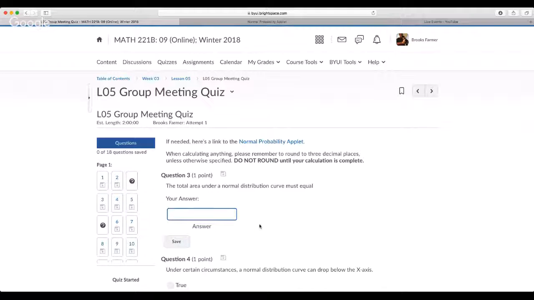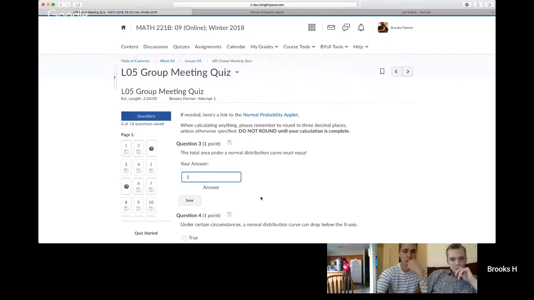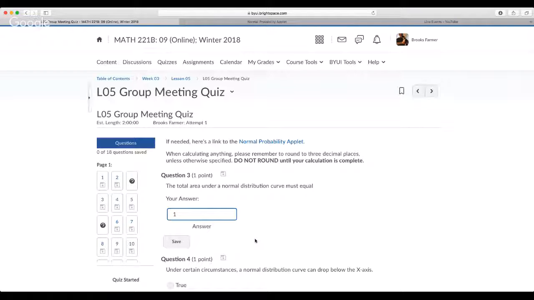All right. So the first question number we have to answer, they're not individual, is 3. I believe this is in a reading. It said the total area in a normal distribution curve must be 1. I agree with you. Essentially, the total area under that curve is your probability, so the probability can't be lower than 0 or higher than 1.